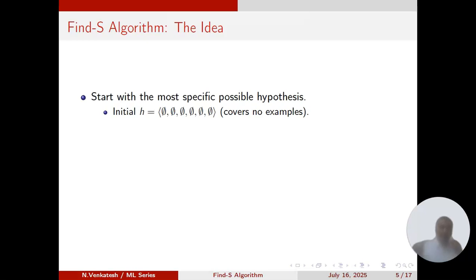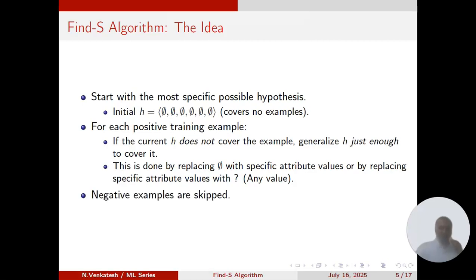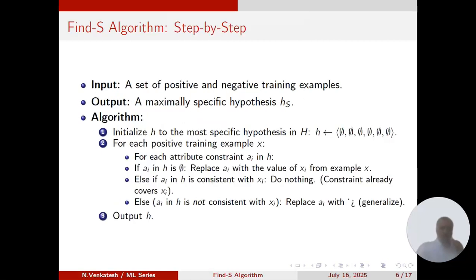Least general in the sense that if you have a ∅, it replaces it with a specific attribute value. If you already have a specific attribute value which is not covering the example, then it replaces it with any value, that is a question mark. That's the basic idea, and negative examples are skipped.